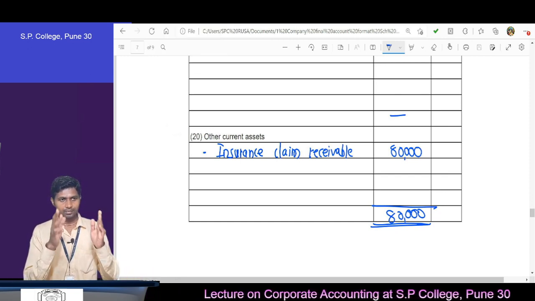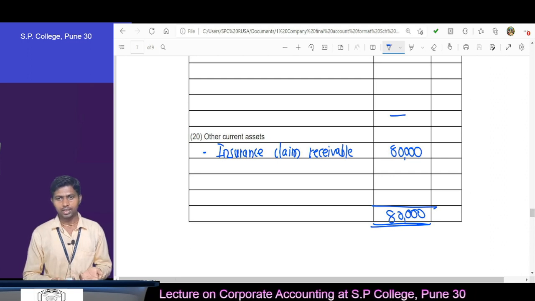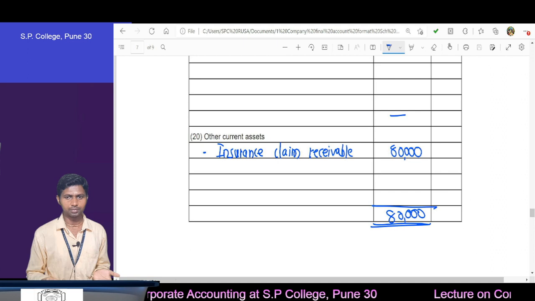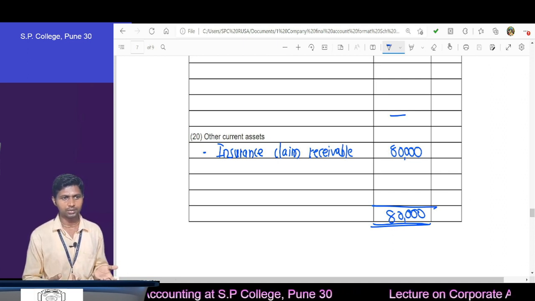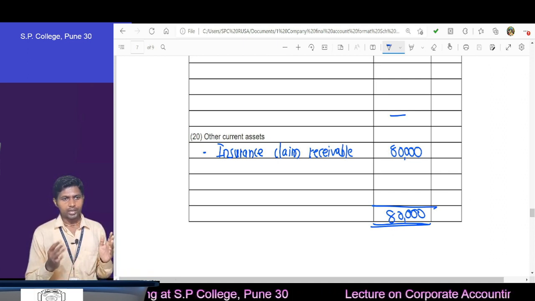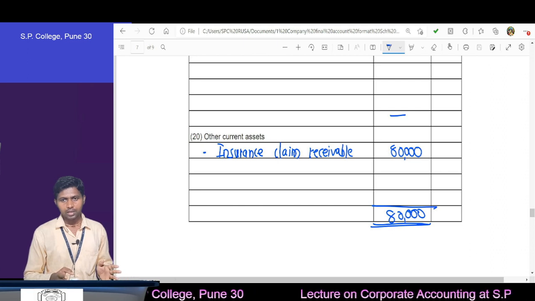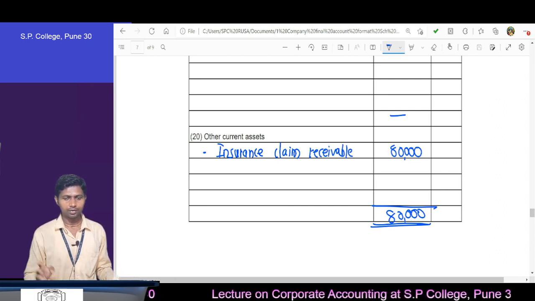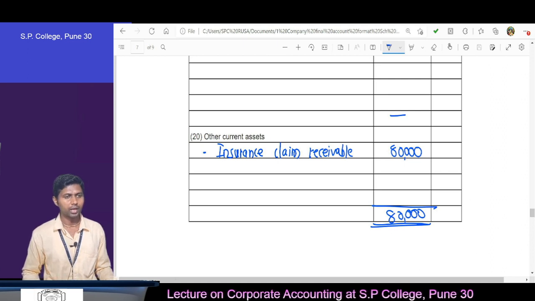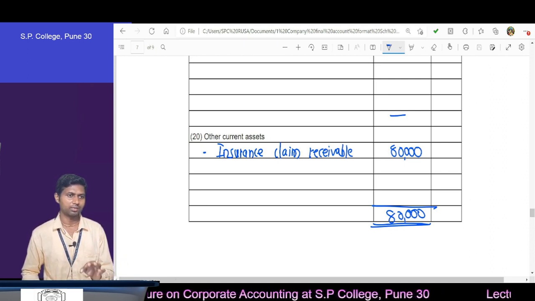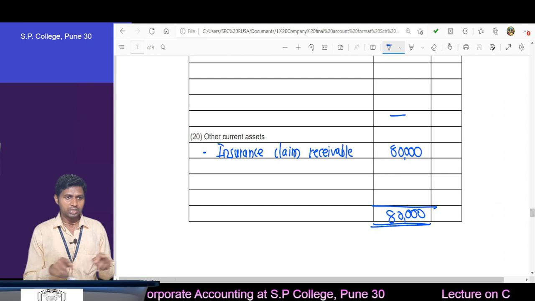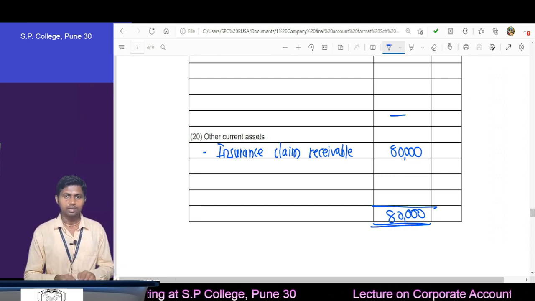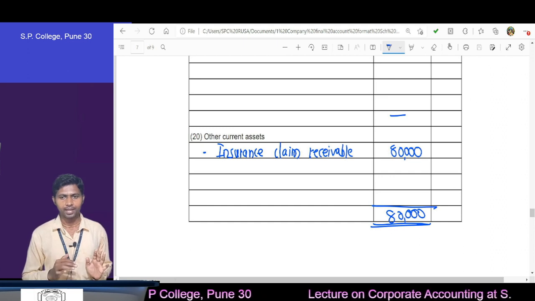As I said, if given in the debit column, assume that this is either an asset or an expense. Now, we have categorized all the notes. We said 1 to 9 for liability, 10 to 20 for assets, 21 for revenue, and 22 to 27 for expenses. Check the column of the trial balance and write that in a particular category.